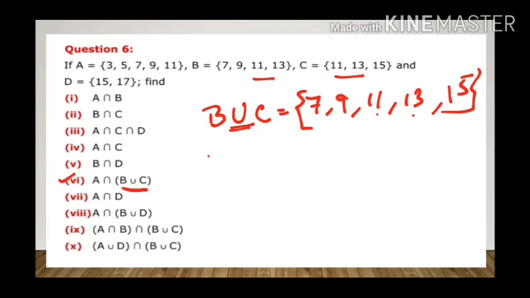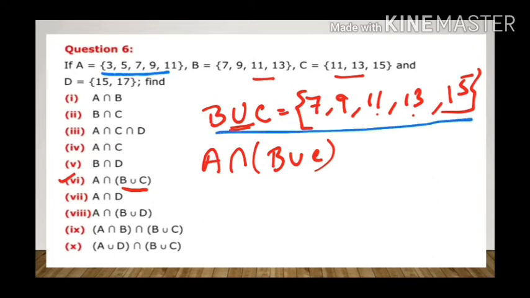Now A intersection (B union C) means the common element between the A set and the B union C set. If you compare A and B union C, the common elements are 7, 9 and 11.